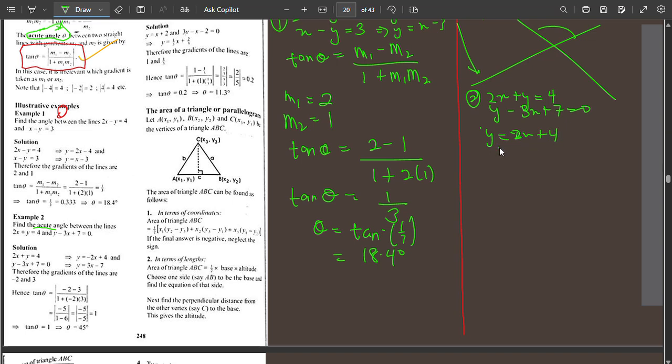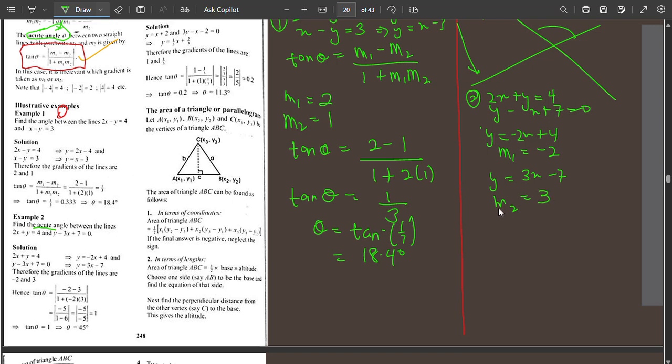That means m1 is equal to minus 2. From the second one, y is equal to 3x minus 7, that means m2 is equal to 3.